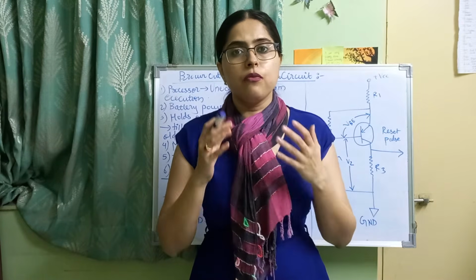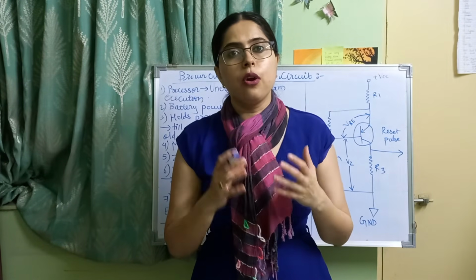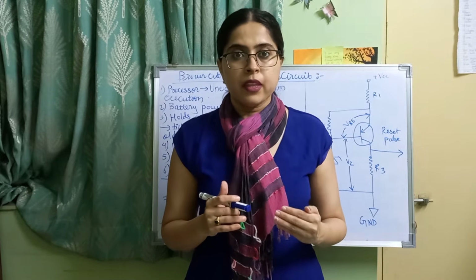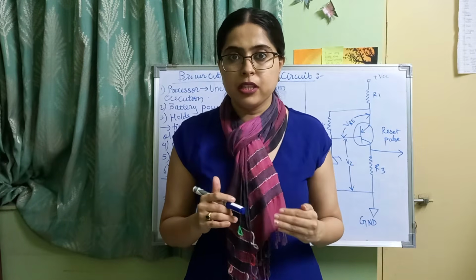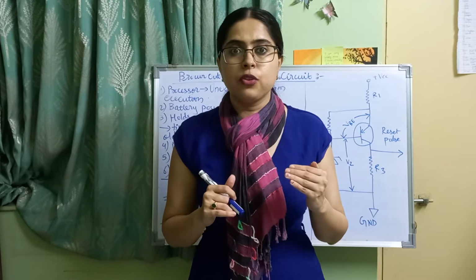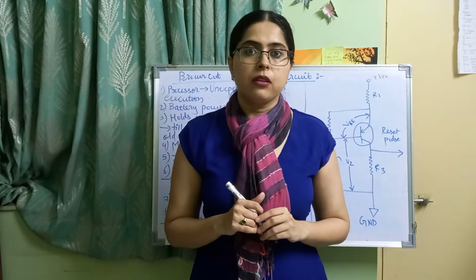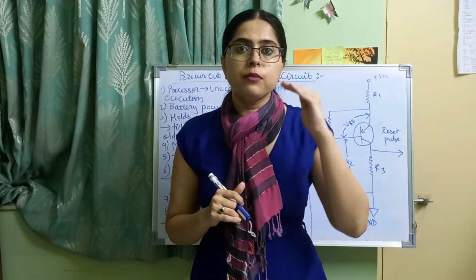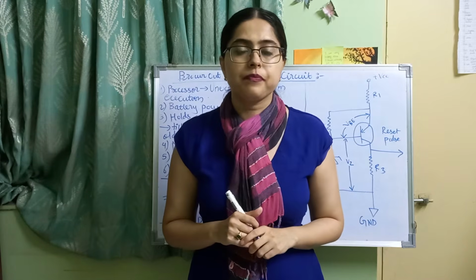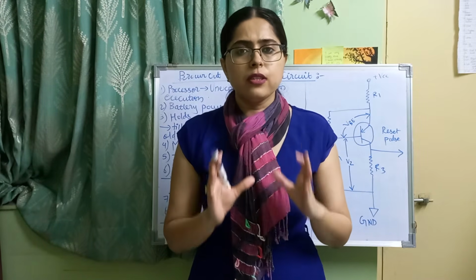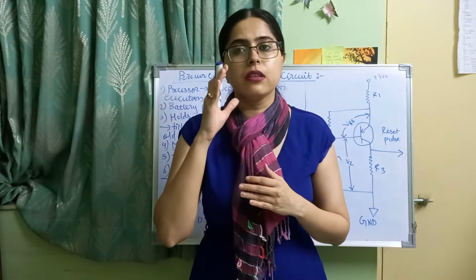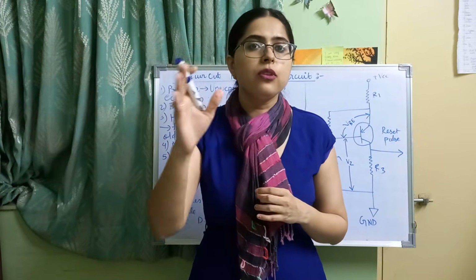See, whenever the voltage of the controller or processor falls below the specified voltage, to avoid the unexpected program execution, it resets that processor. Means when the voltage falls below the threshold value, it resets that processor. Okay, and the processor remains in the reset state till the voltage reaches the value which is above the threshold value.